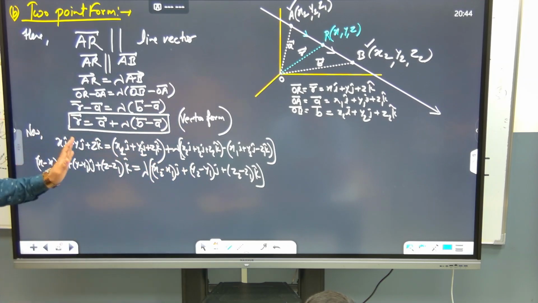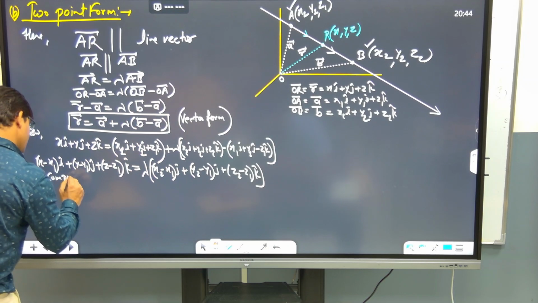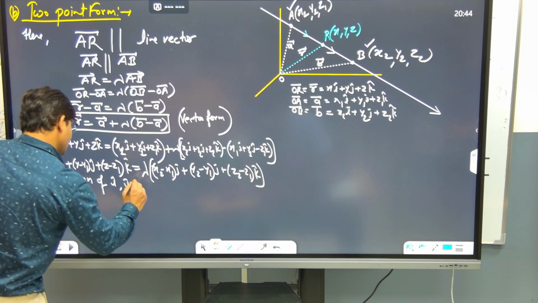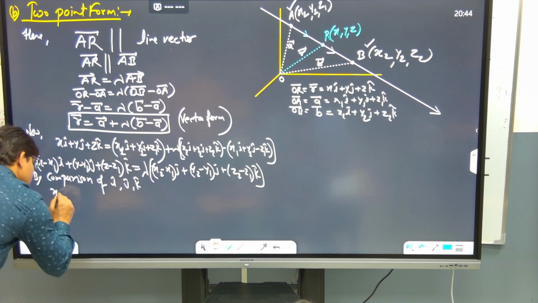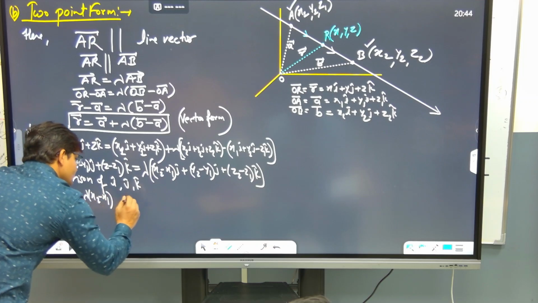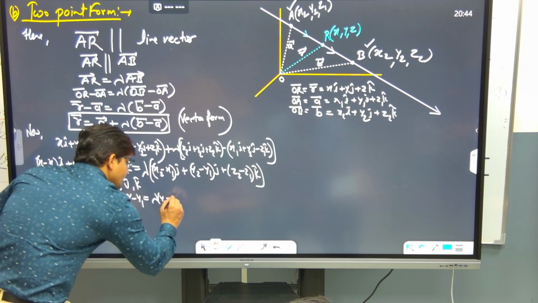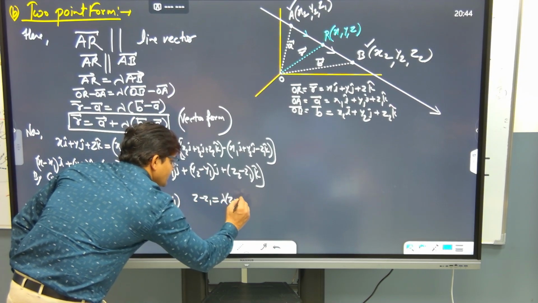Now again we have two vectors, so by comparison of i cap, j cap and k cap, we can write x minus x1 equals lambda of x2 minus x1, y minus y1 equals lambda of y2 minus y1, and z minus z1 equals lambda of z2 minus z1.